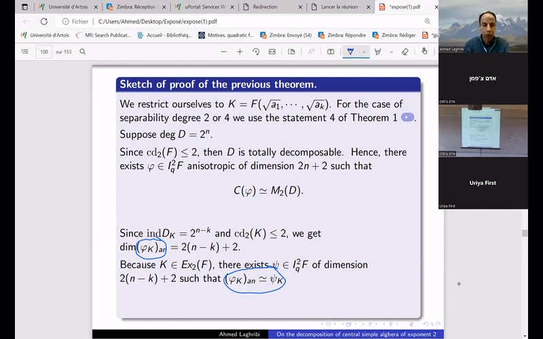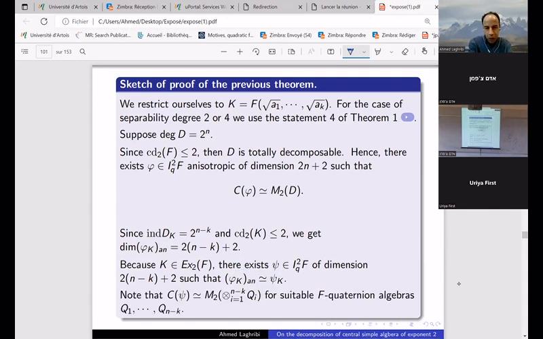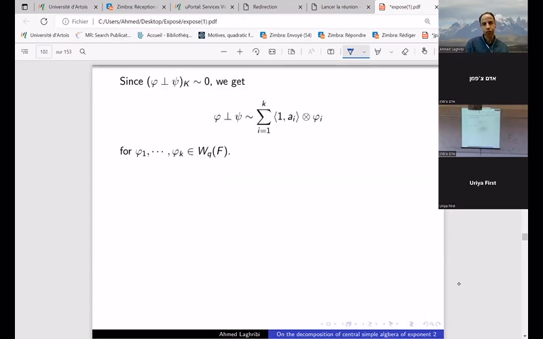Okay, that is good. And we have to note the following. The Clifford algebra of psi is isomorphic to M_2 of the product of n-k quaternion algebras. So now this condition gives the following: it means that this form is hyperbolic, that is clear.